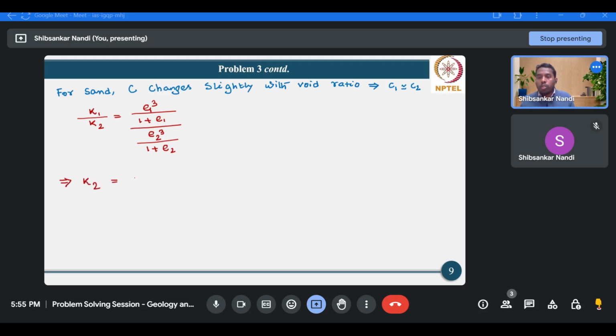So once you substitute, you can easily get the value of K2. K1 value is 6.28 into 10 to the power minus 2. E2 is 1.115. E1 is 0.504.